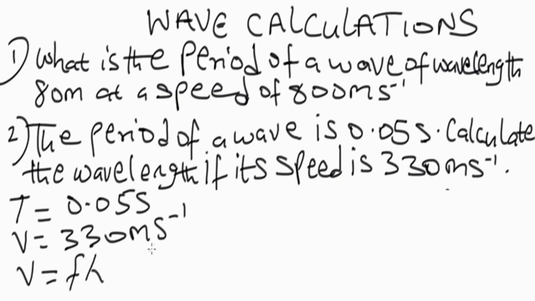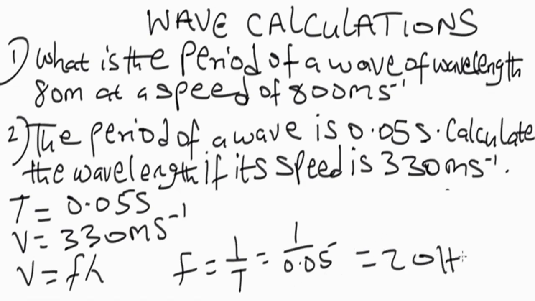Now we don't have frequency, and in wave motion in physics, frequency can be calculated as the inverse of time. So to get the frequency, it will be the inverse of the time, here 0.05. When you simplify it, 1 divided by 0.05 will give us 20 hertz.